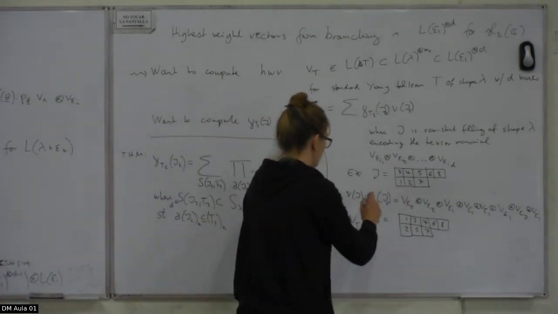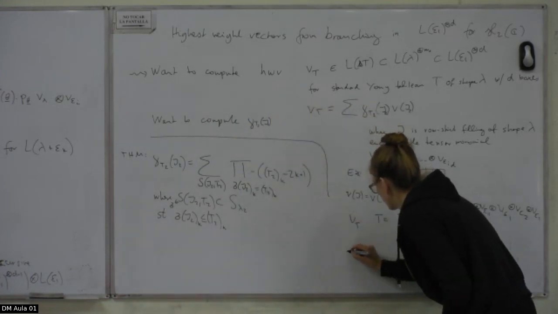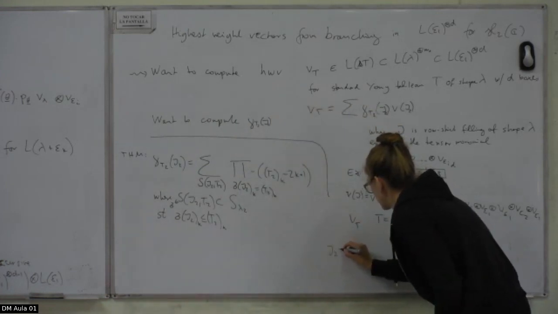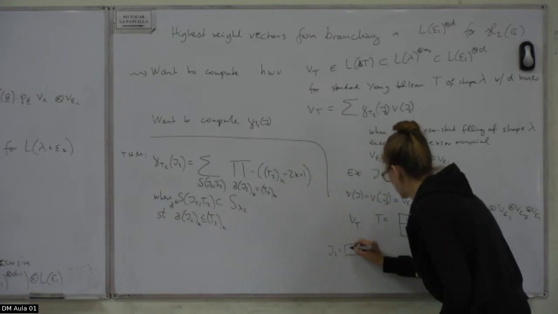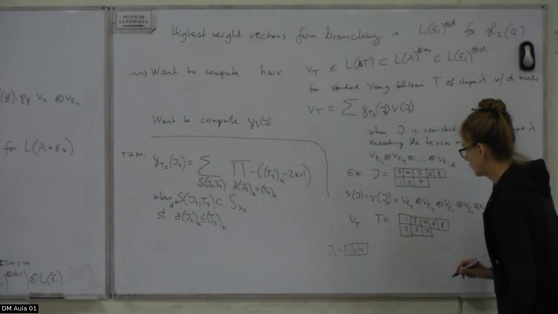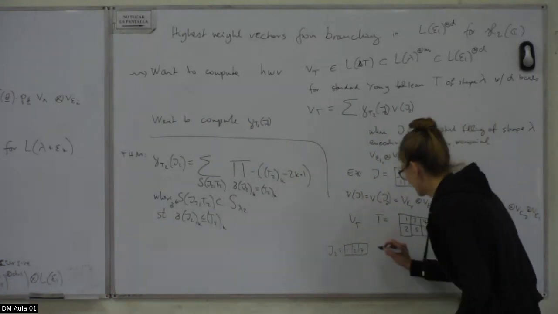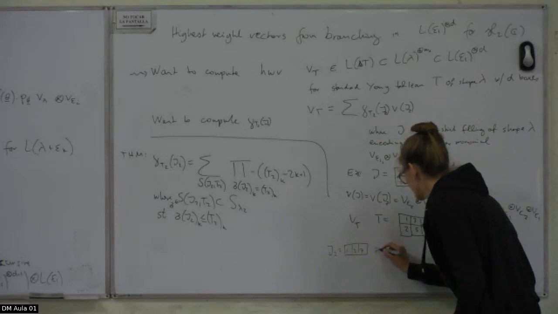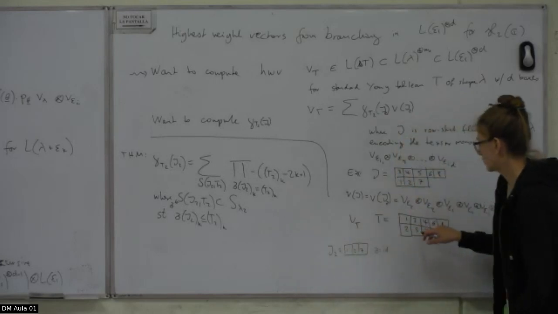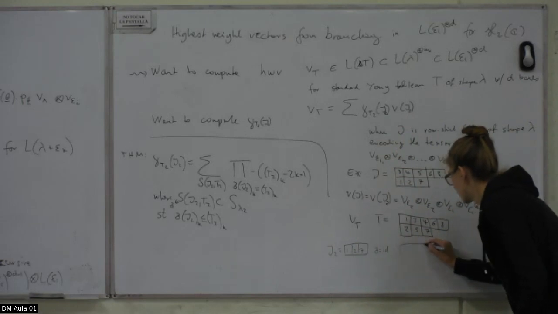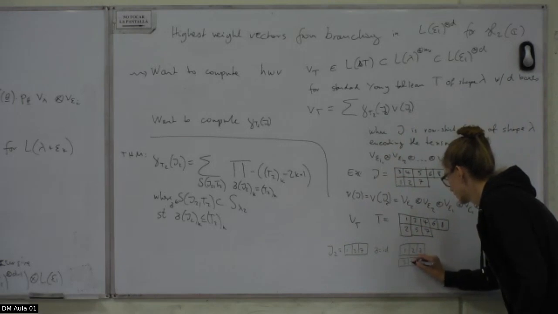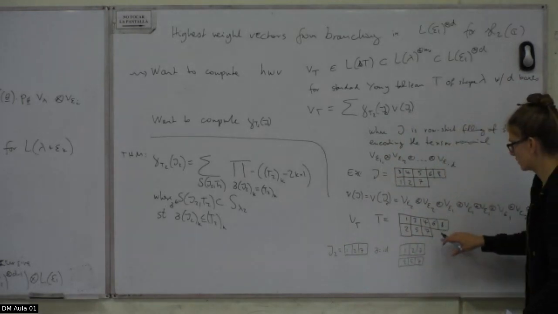So the second row of J is equal to 1, 2, 7. So I can compute them either by the identity. If it's just the identity, then I will have this satisfied that indeed 1, 2, 7 is less or equal always than 2, 5, 7, which is this T2.